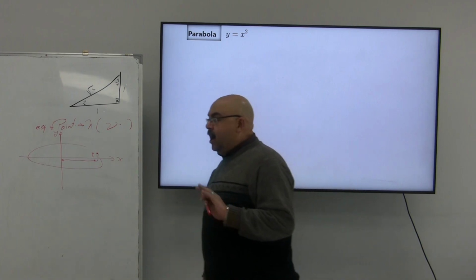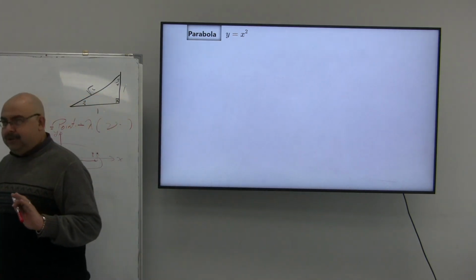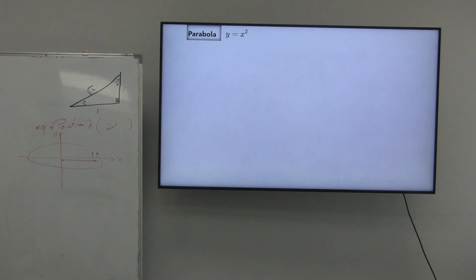But in the hyperbola, and I will show it to you, we are not going to use the cosine term the same way. For the parabola, which is different from the ellipse and the circle and a little away from the hyperbola, I will choose one of these variables to equal t, and the other one will be represented from the equation by itself.